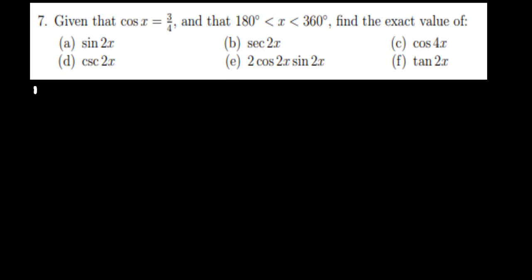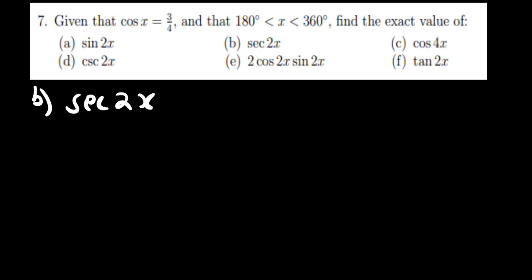Now we're solving b. B is sec 2x. So how are we going to solve our sec 2x? For us to be able to solve this one, you know that sec goes together with cos.